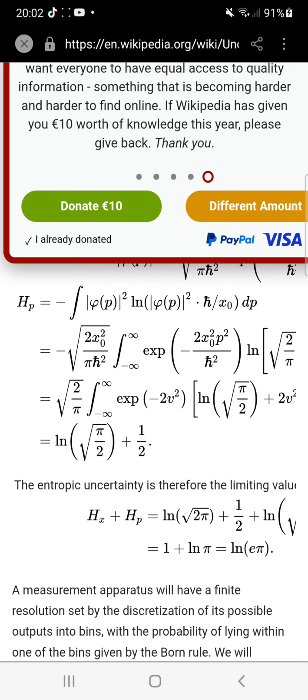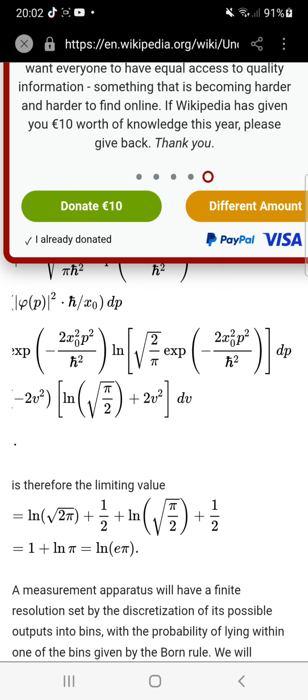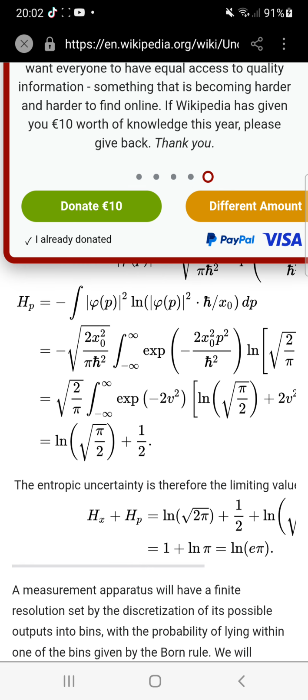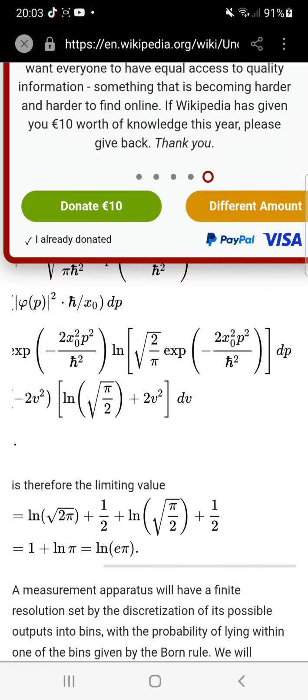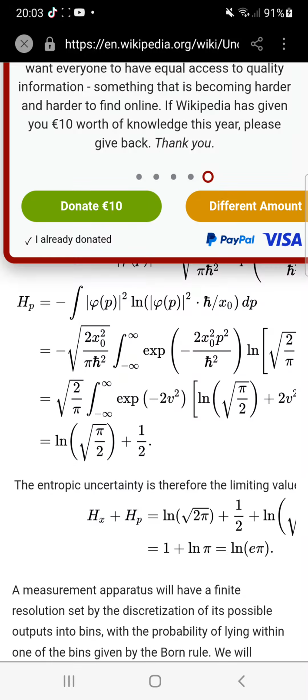Hp equals minus the integral of φ(p)² natural logarithm of φ(p)² ħ/x0 dp, which works out to natural logarithm root π/2 plus half.